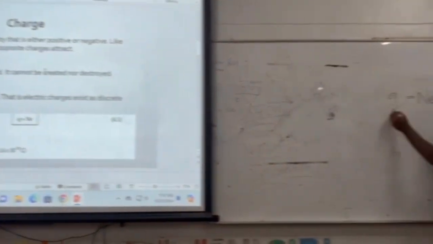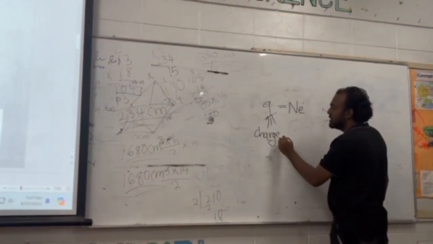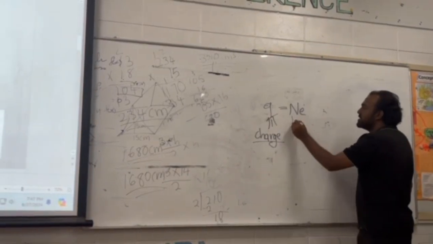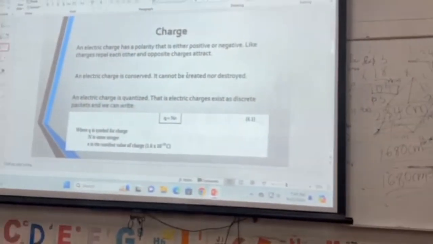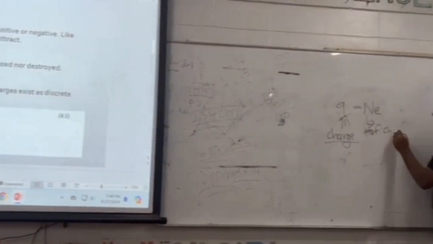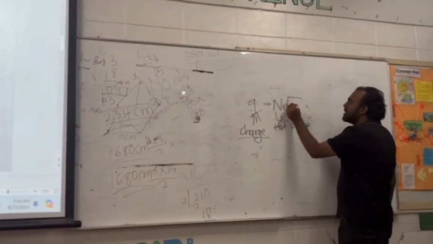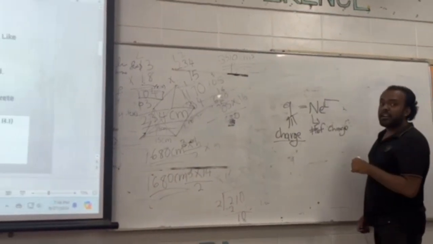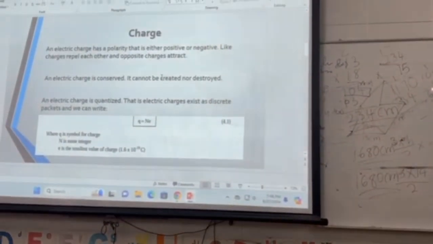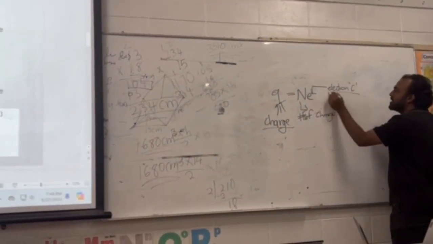Q is known as charge. N is known as the number of charges. And e is the electron charge. Okay, this is known as the electron charge.